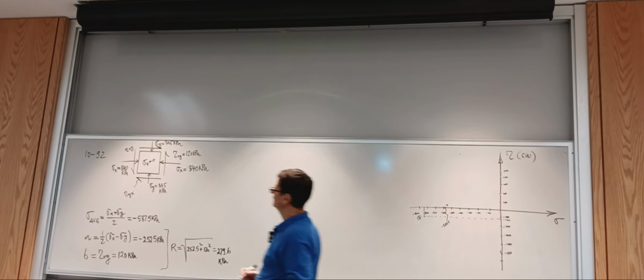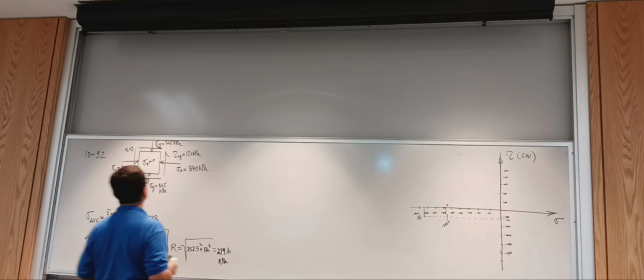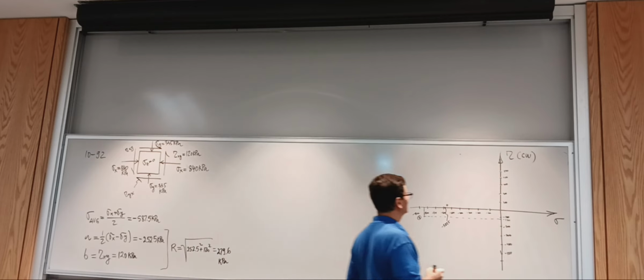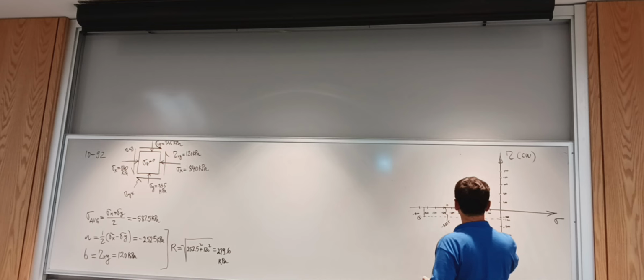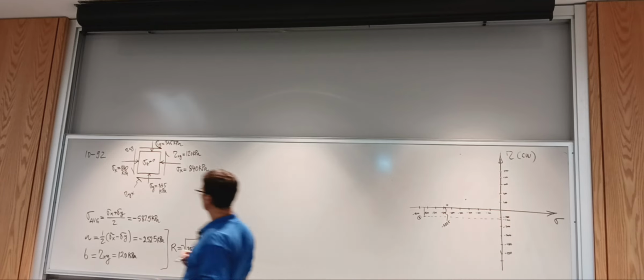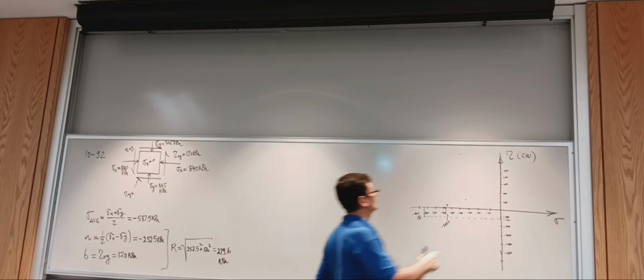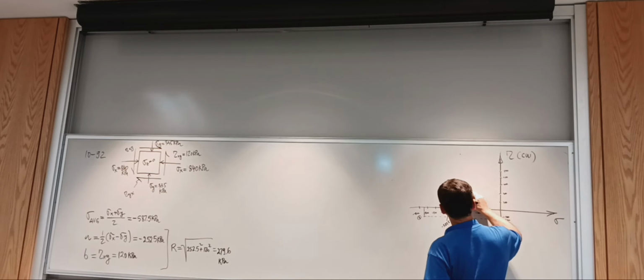And I'm getting the other point on the circle, which is 335 in tau yx. Tau yx has the same magnitude, but it's positive. If you look at tau yx, this is a counterclockwise shear stress, so it will be above. So this is point 2 on the circle.